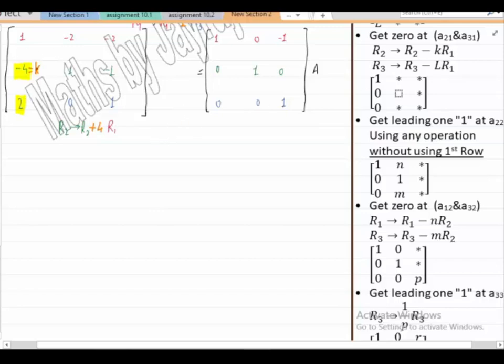First of all, let's get the 0 at A21 by multiplying the first row by plus 4 and then adding it to the second row.